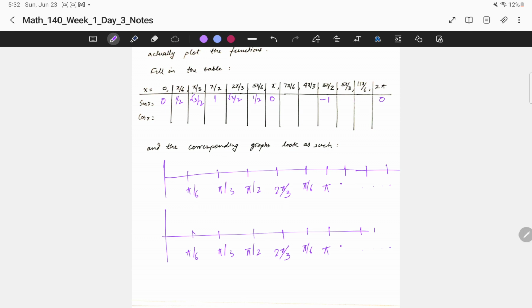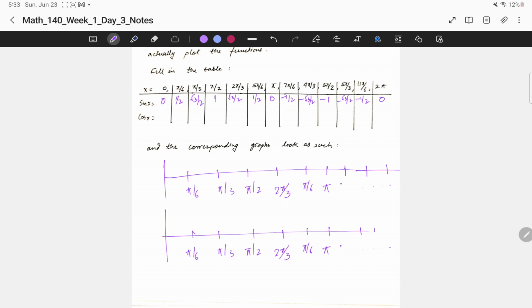Sine of 7 pi over 6 is negative 1/2. Sine of 4 pi over 3 is negative root 3 over 2. Sine of 5 pi over 3 is negative root 3 over 2, and sine of 11 pi over 6 is negative 1/2.